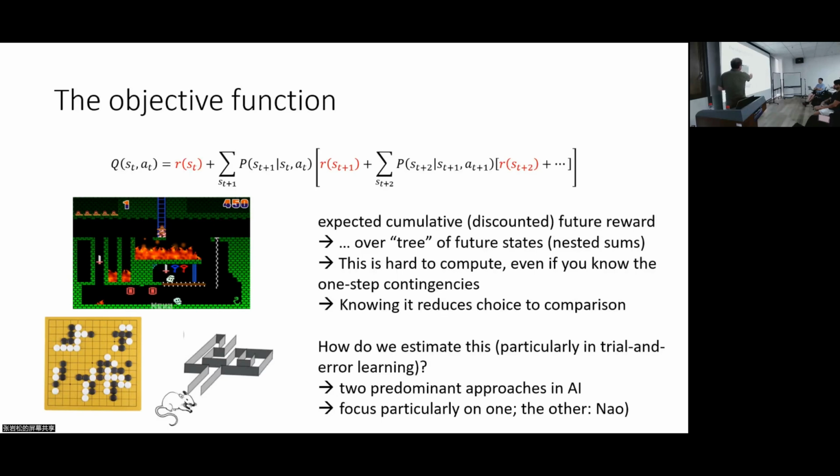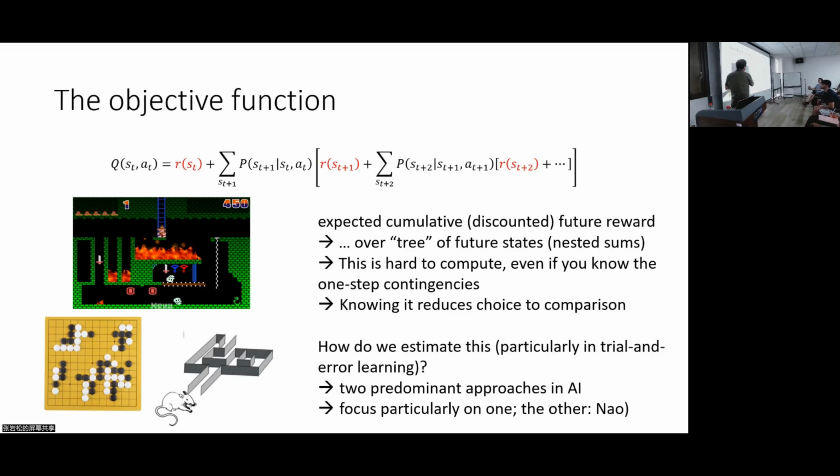And that branching path could be very deep and very broad. So you can see the tree that's implicit in these nested sums is going to be really hard to evaluate in general, even if you know the one-step contingencies. You just can't visit all of the boards of Go. So you can see in the objective function it's going to be a hard problem.